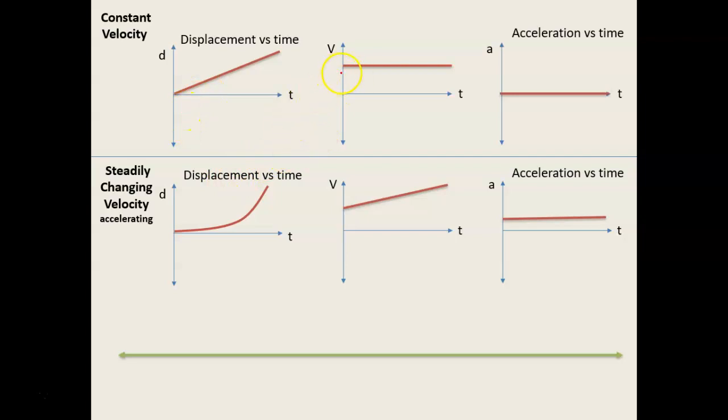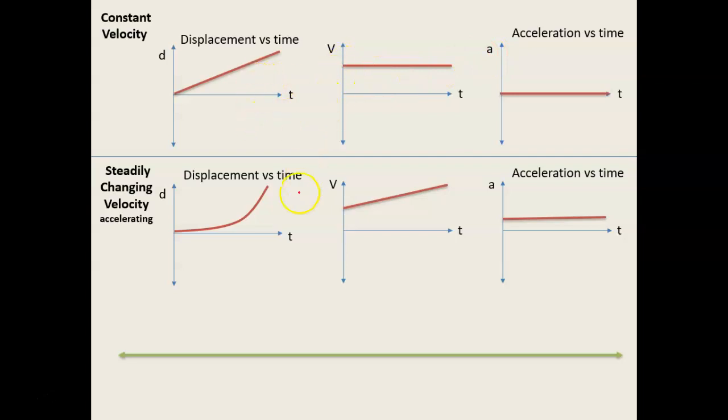We have our constant velocity, which we've been talking about, and we've got our steadily changing velocity, which we've been talking about. But we want to look at that motion, and we want to look at it not only to monitor the speed, but we also want to monitor the location, displacement, and we also want to look at how acceleration versus time changes.